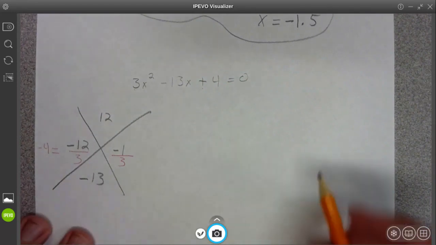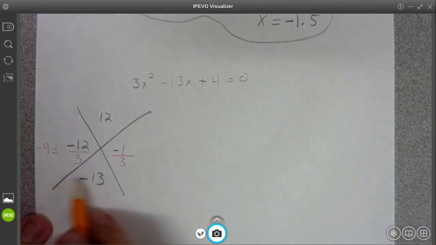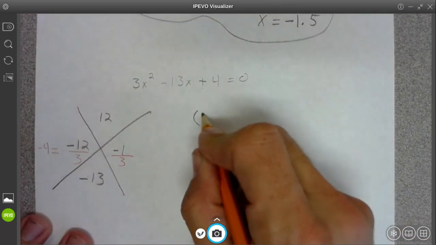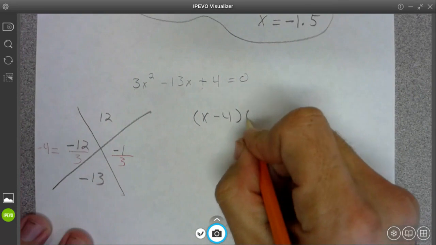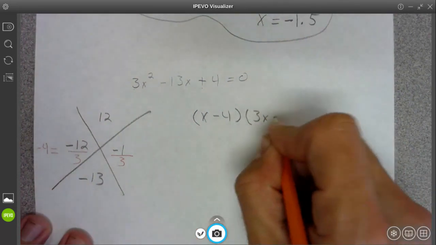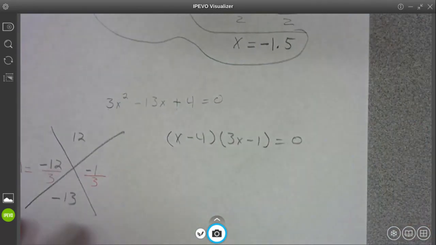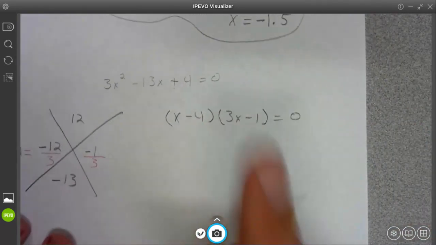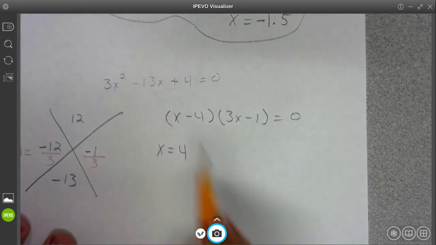Now we can write it in factored form. This is going to be x minus 4 for that one. And this other one is 3x minus 1. Set these equal to 0 and solve. The first one is going to give you 4.